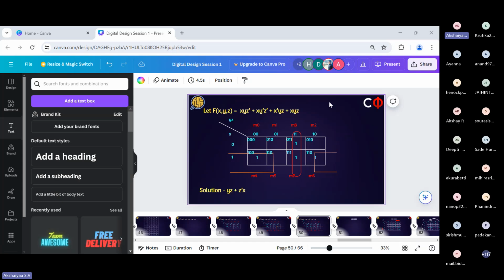Do you think you guys need one more example to make this really clear? If you want, put a yes in the Q&A section. Yes, with a simpler example. Okay, you want one more time. Okay, so I'll give you another example, maybe a bit simpler as someone has asked.